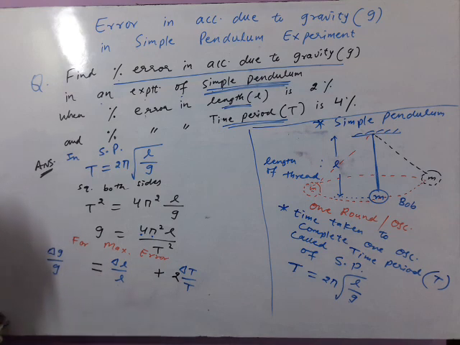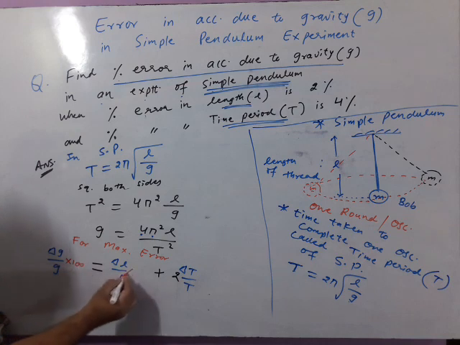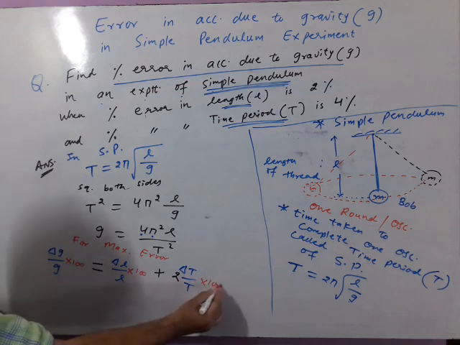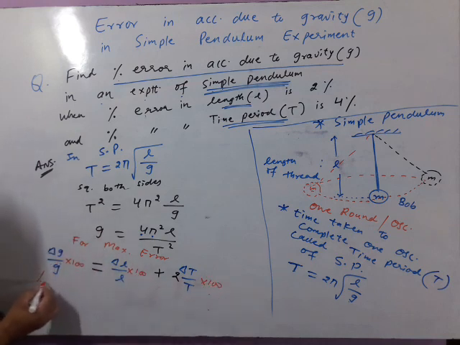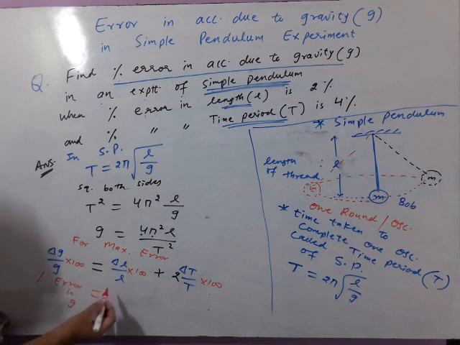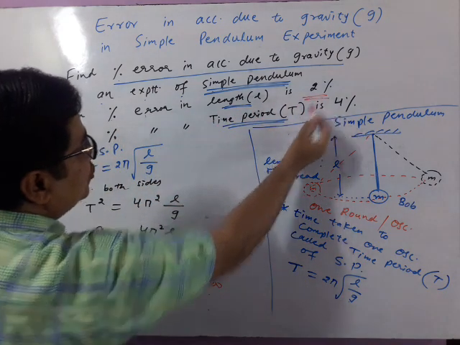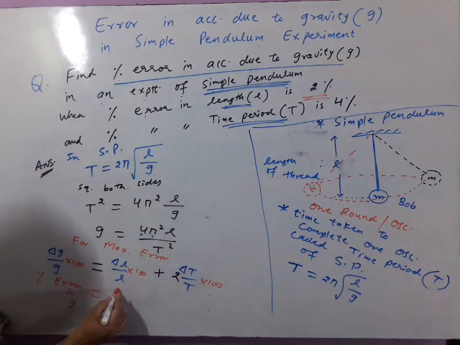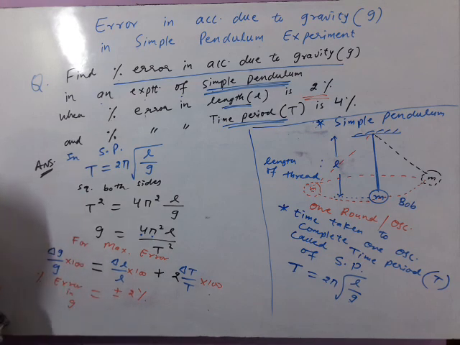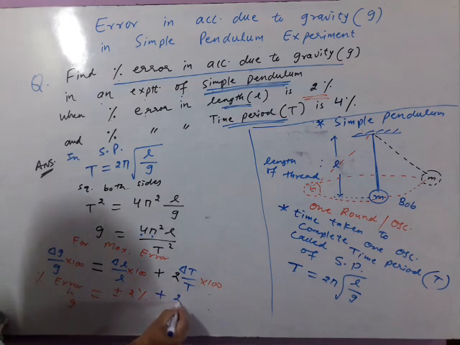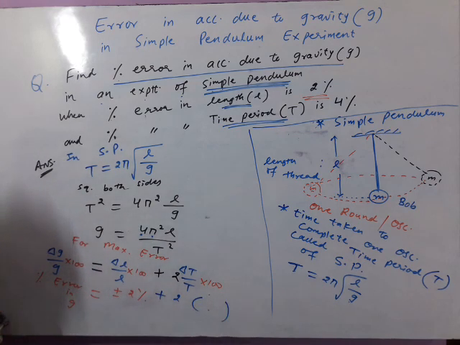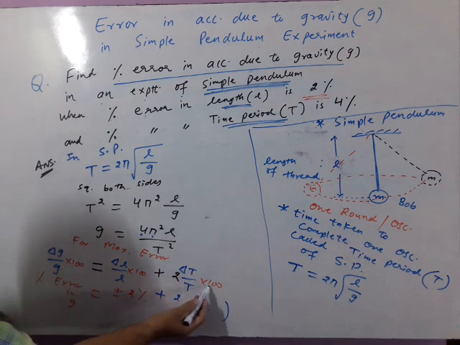Now multiply both sides by 100. Now see, this is called percentage error in G. This is percentage error in length. See, it is given to us. Percentage error in length is 2%. So write here with plus minus sign 2% plus 2 times delta T by T into 100.